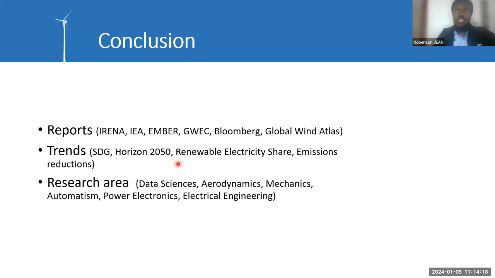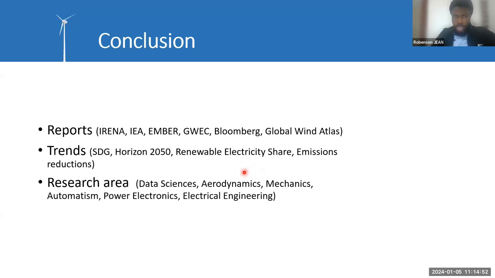Because sometimes it is not only the cost, but the contribution to the reduction of greenhouse gas emissions. And the tendency is to follow the type of energy that helps us reach the sustainable development goals and to reach net zero carbon emissions by 2050.